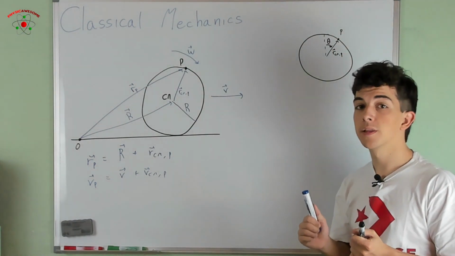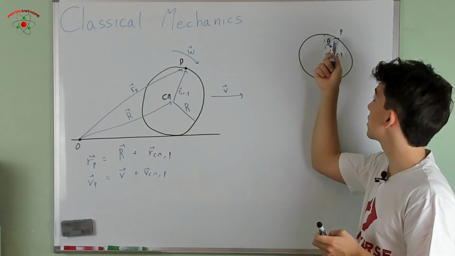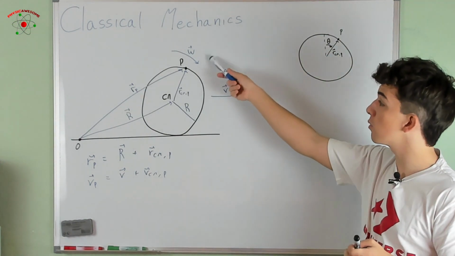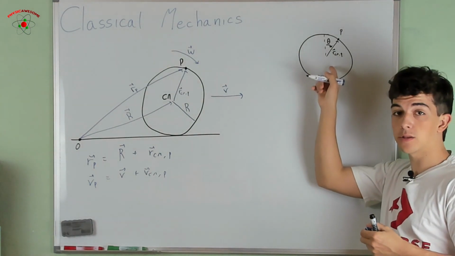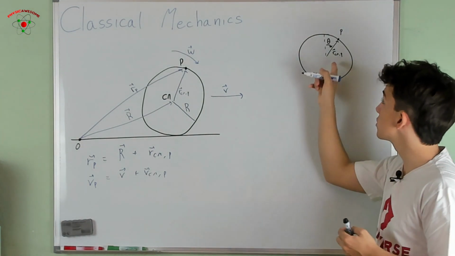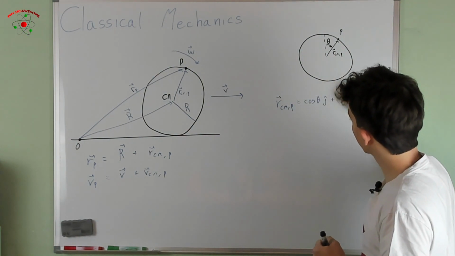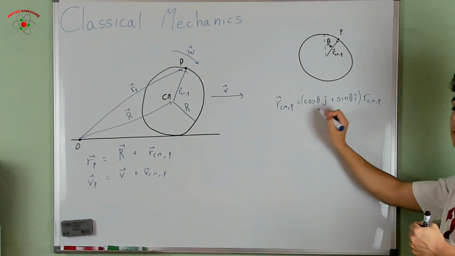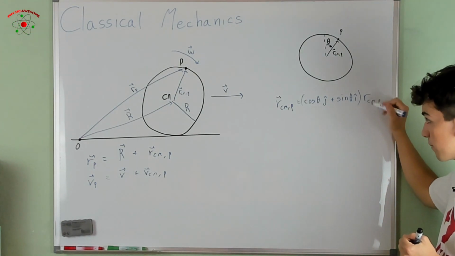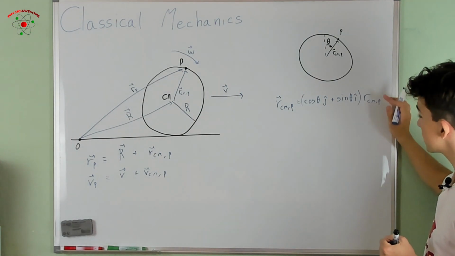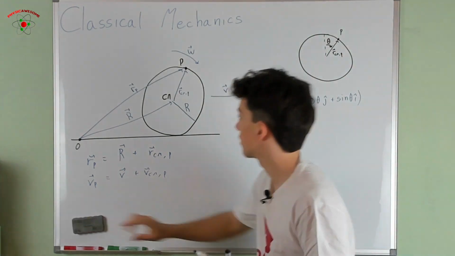We observe that we can express R_CMP as a function of this angle theta that is also related to our angular velocity. So we find that R_CMP is going to be equal to R times cos theta j hat plus sine theta i hat, R being the magnitude of the vector, which is no other thing than the radius of our ball.